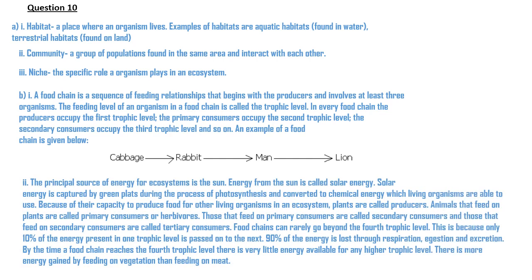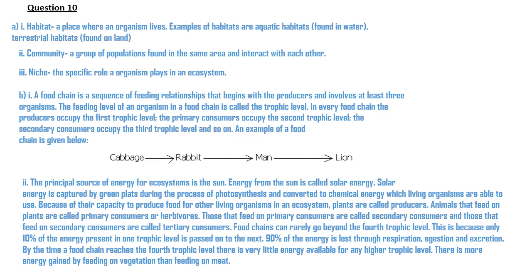C. The principal source of energy for an ecosystem is the sun. Energy from the sun is called solar energy. Solar energy is captured by green plants during the process of photosynthesis and converted to chemical energy, which living organisms are able to use.